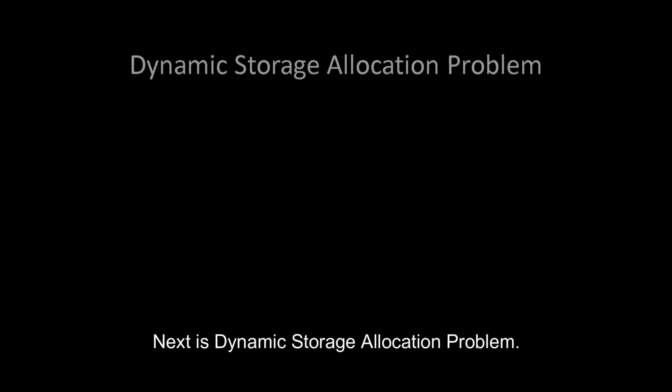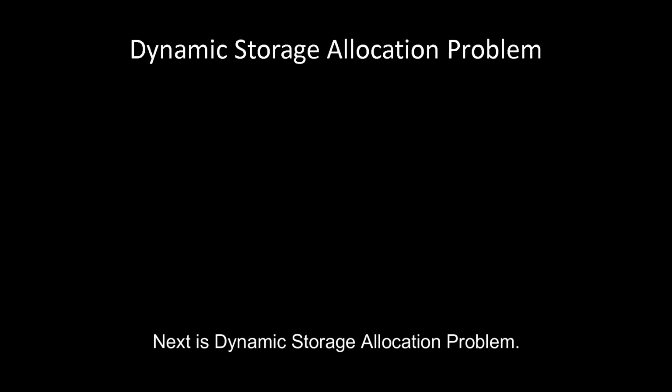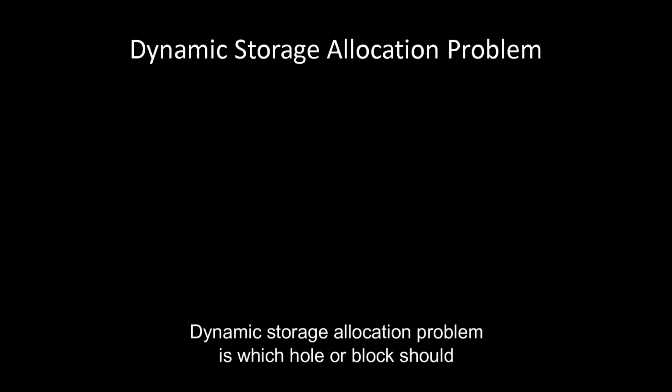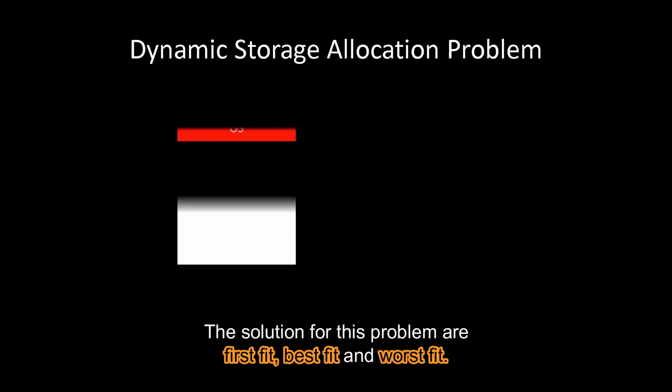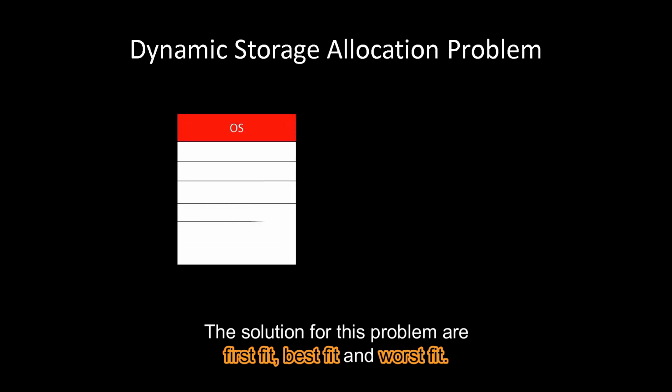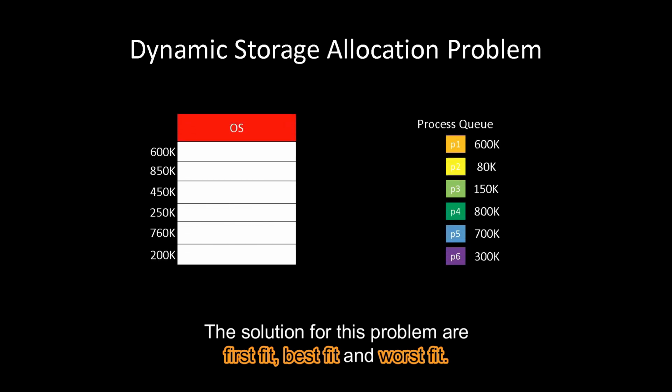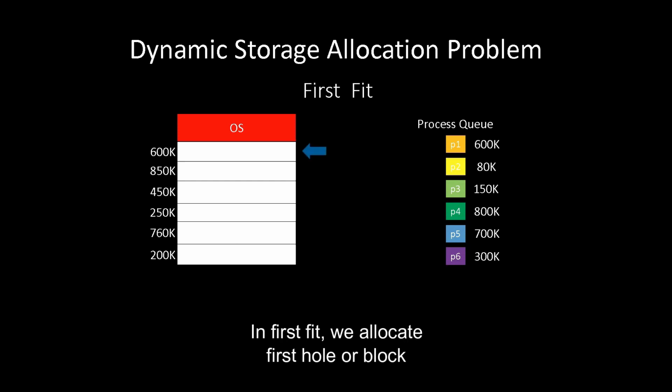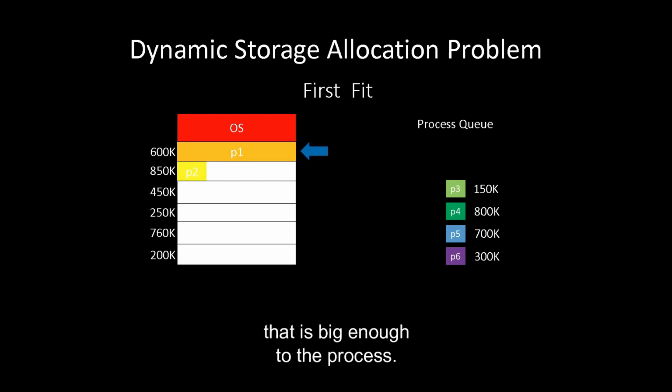Next is the dynamic storage allocation problem. The dynamic storage allocation problem is which hole or block should be allocated to a process. The solutions for this problem are first fit, best fit and worst fit. In first fit, we allocate the first hole or block that is big enough to the process.